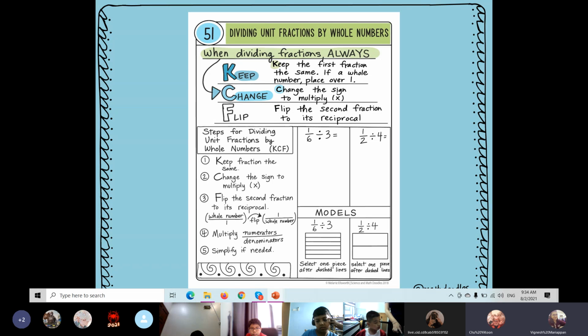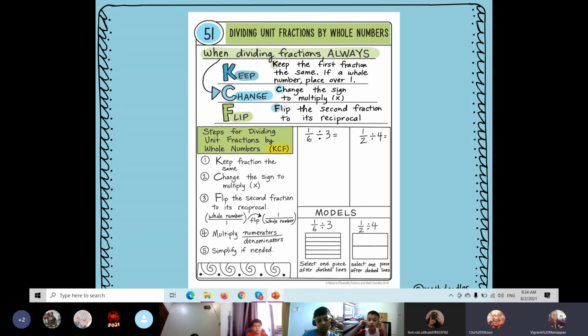And then the second fraction you have to flip.